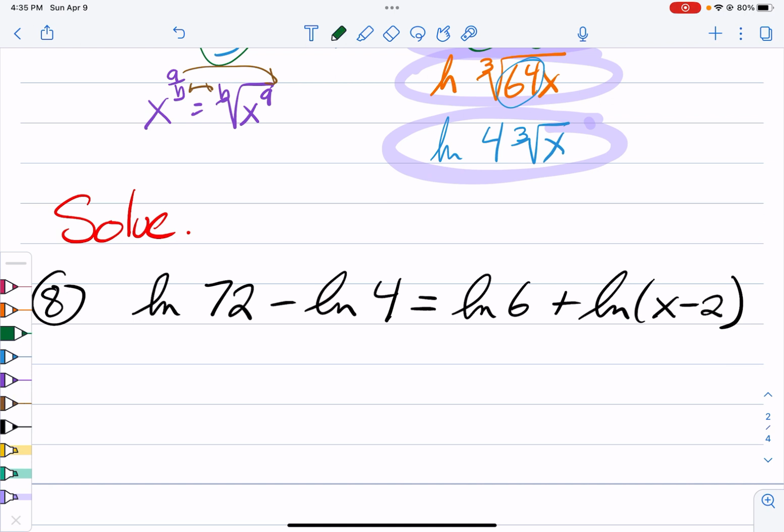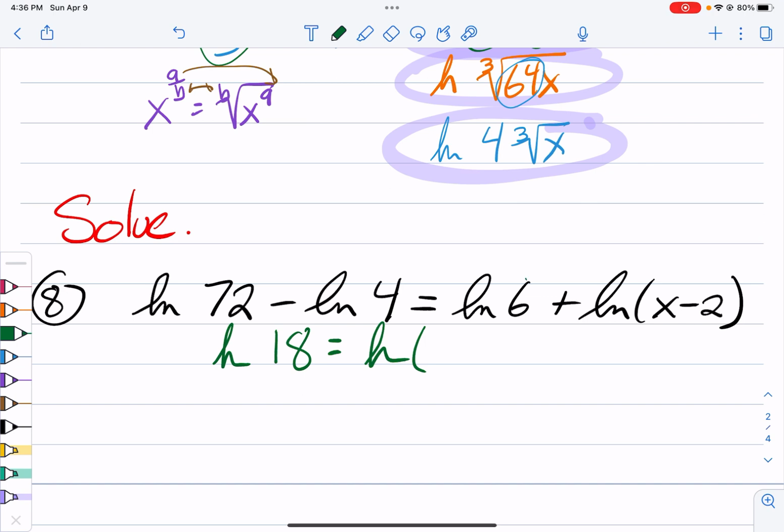However, we first need to do some simplifying, because there are natural logs on both sides, but there's more than one natural log on both sides. So on the left-hand side, if I want to condense the subtraction of logs, I use division, and 72 divided by 4 is 18. On the right-hand side, if I want to condense the addition of logs, I use multiplication.